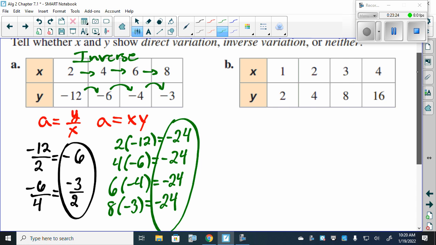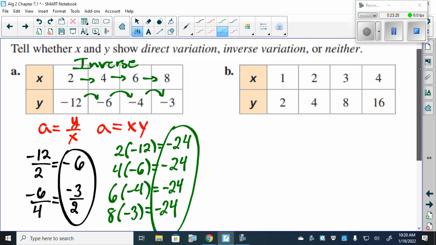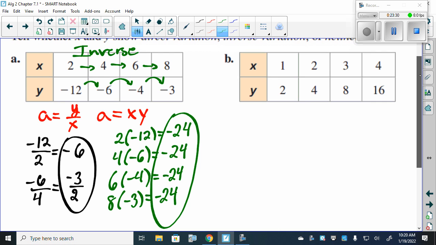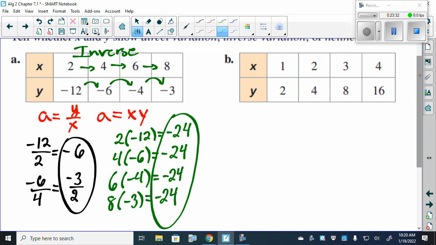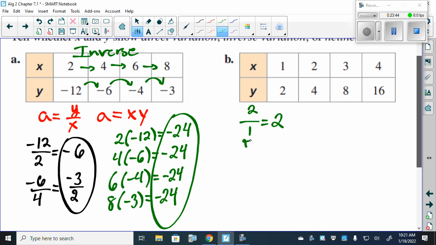Now, if we look at the next one here, 1, 2, 3, 4, 2, 4, 6, 2, 4, 8, 16. So most likely direct, and we can try it first. So I can say 2 divided by 1 is, well, 2. And then we can say 4 divided by 2, 2.